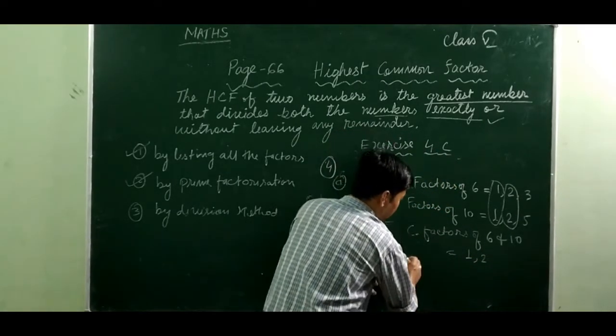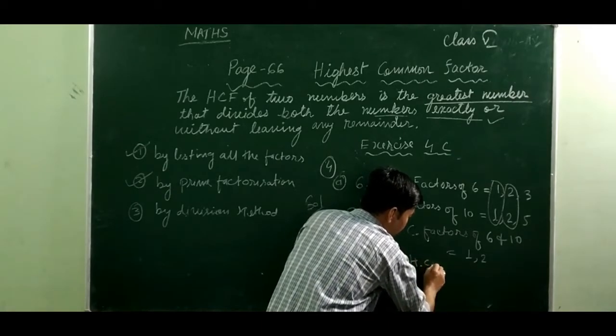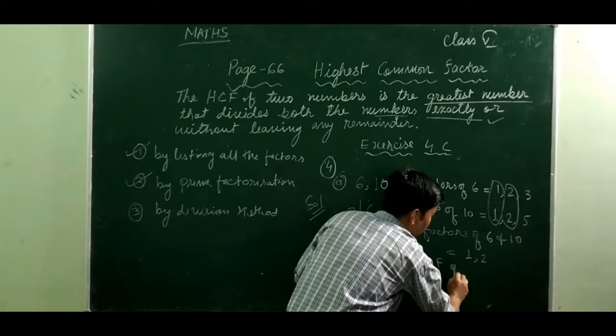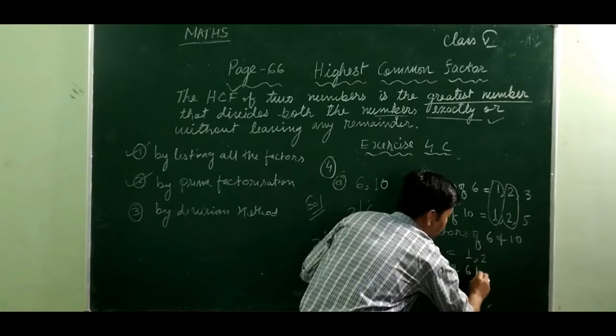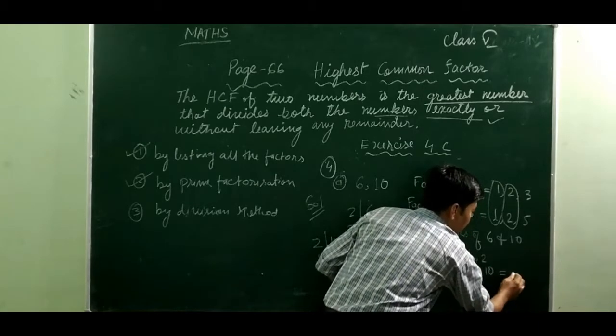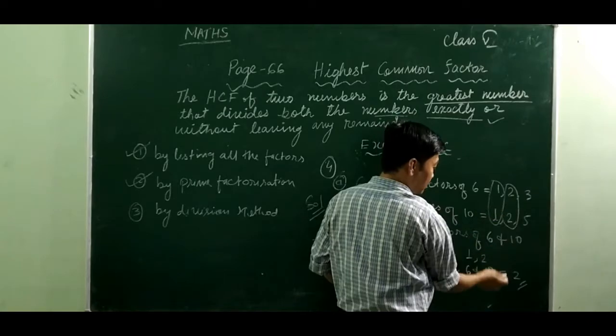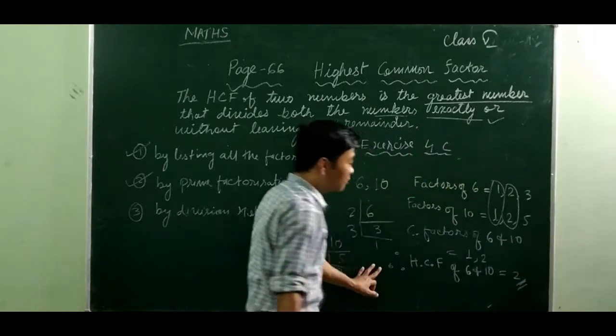And then the highest common factor of 6 and 10 is 2. As you can see, 2 is the greatest number between these two common numbers. So 2 is the highest common factor.